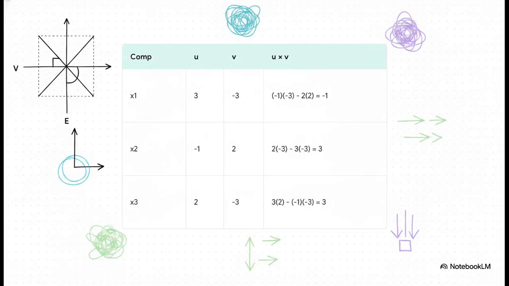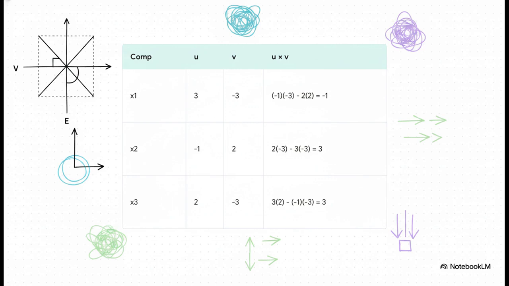Okay, so by lining up our components side by side, we can carefully apply our cross multiplication formula. Let's walk right through it. For the top component, we look at the middle and bottom rows. -1 times -3 gives us 3. 2 times 2 is 4. 3 minus 4 leaves us with -1. Now, for the middle component, we look at the bottom and top rows. 2 times -3 is -6. 3 times -3 is -9.